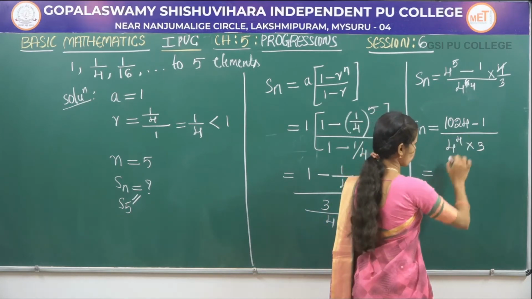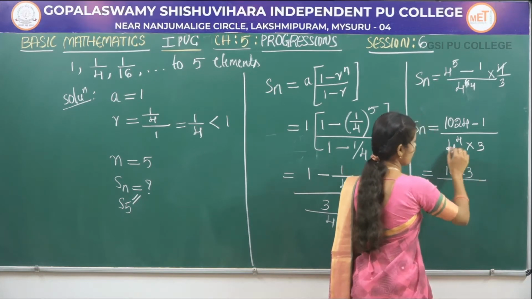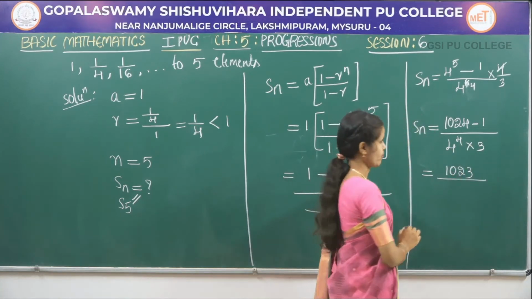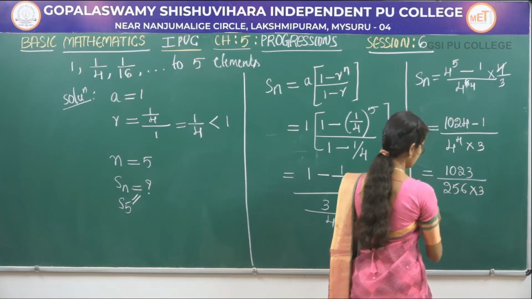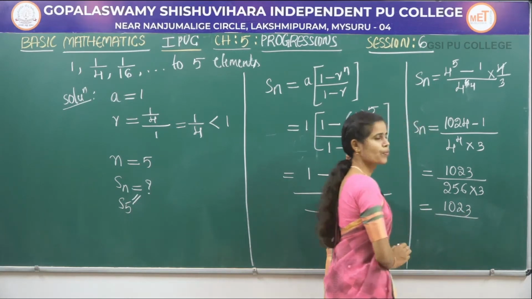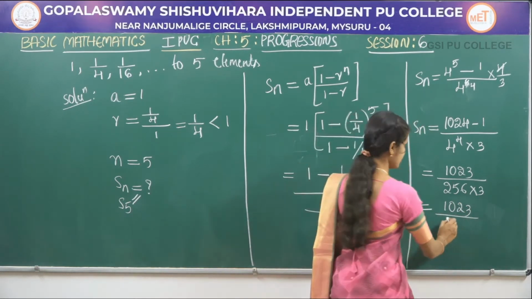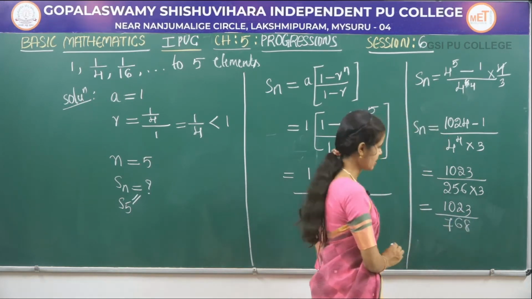So 1024 minus 1 is 1023 divided by 4 to the power of 4, which is 256, into 3. 256 into 3 is 768.